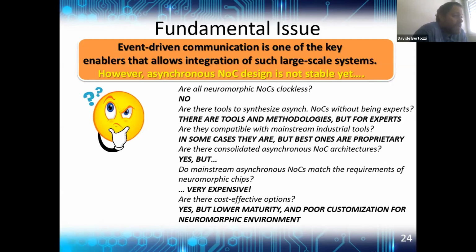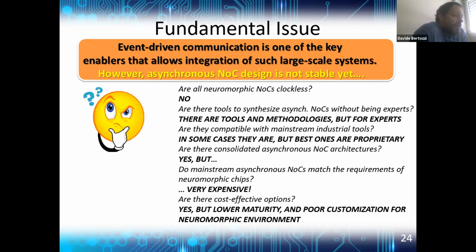Some of them use synchronous NoCs, although this is admittedly not the most efficient implementation. Smarter solutions use multi-synchronous realizations, that is, a network on chip is split into the voltage and frequency domains of neurons or clusters of neurons.